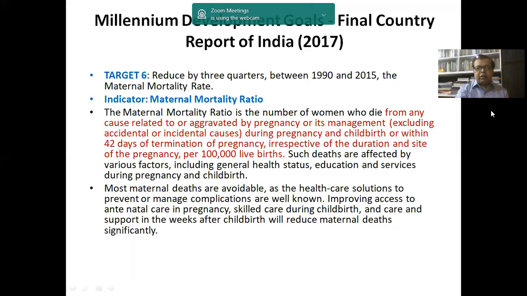Maternal mortality ratio. Now, I talked about this earlier also, but it is properly defined here.